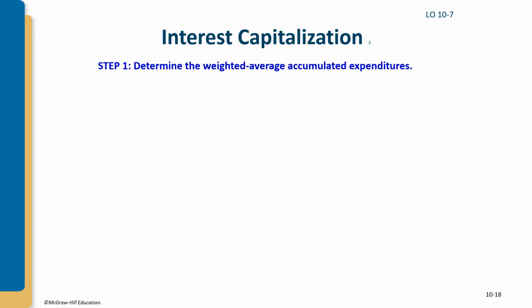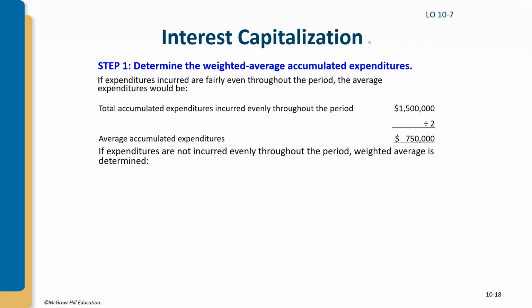First, here's our steps to determine the amount of interest that should be added to the cost of this building. We're going to do it 1 year at a time. The first step is determine the weighted average accumulated expenditures. Here's how we do that. If expenditures incurred are fairly even throughout the period, the average would be found by taking the total for the year and dividing it by 2.